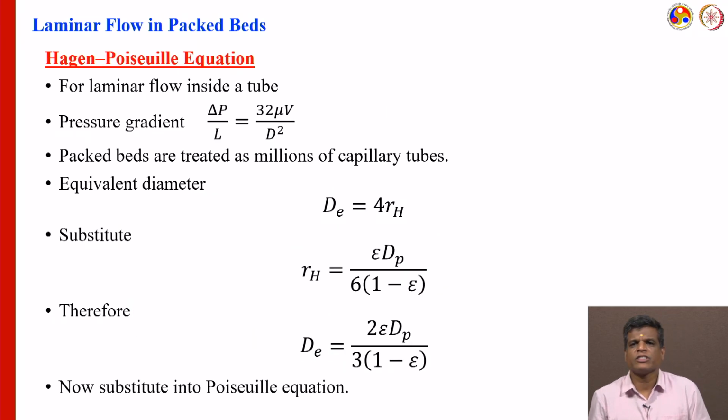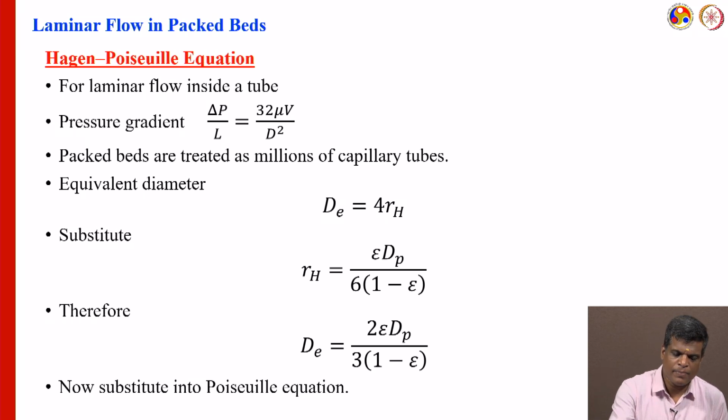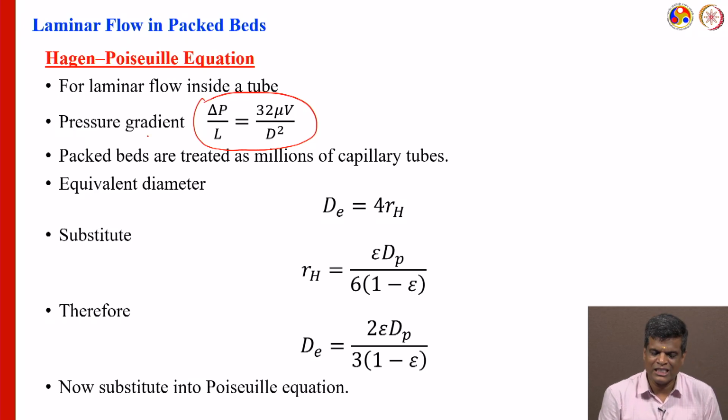The Hagen-Poiseuille equation we already know, and we use it only for laminar flow. With a pressure gradient, we write delta P by L equal to 32 mu L V by gc D square. We already discussed this in week 2. The packed bed is treated as millions of capillary tubes, because so many capillary tubes are there.